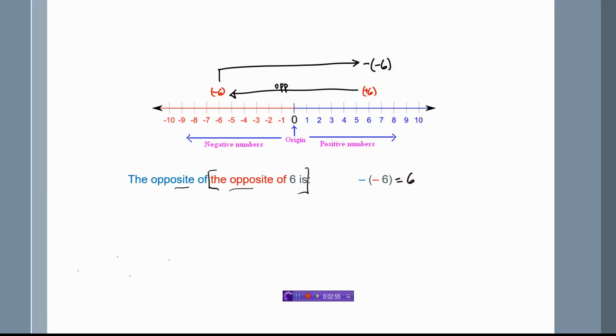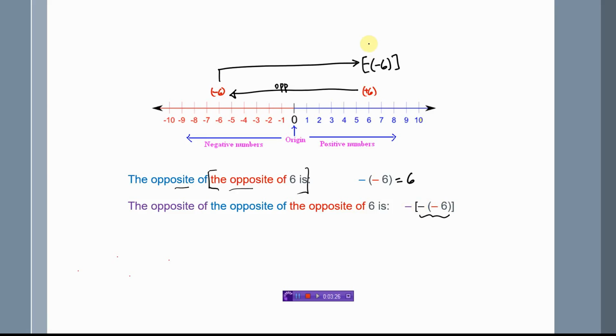We can continue the same idea and say the opposite of the opposite of the opposite of 6, which I've written out. I know that the words will seem a bit confusing, but if we write this out symbolically, it's less confusing. If we see inside the bracket here, this is nothing more than what I have currently. Which side will we end on?